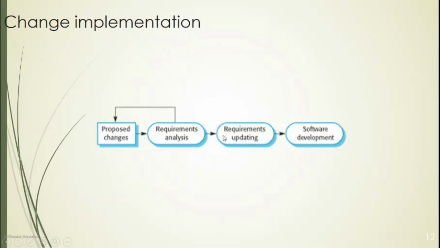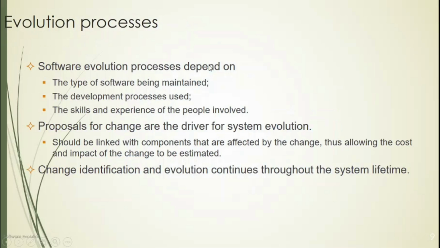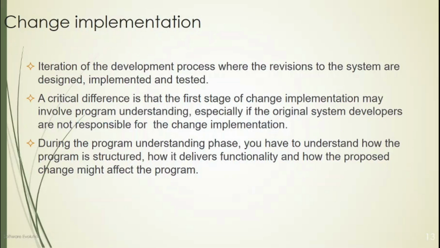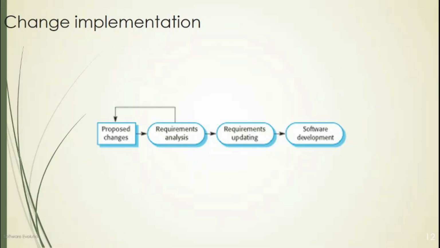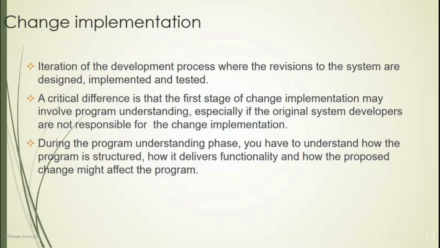So this is change implementation, that is a repetition process. Coming to change implementation, you can see here an iteration of the development process, where the revisions to the system are designed, implemented and tested.